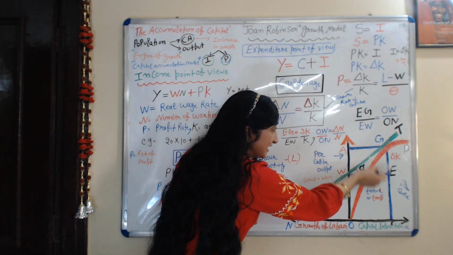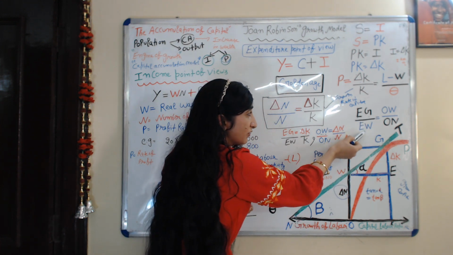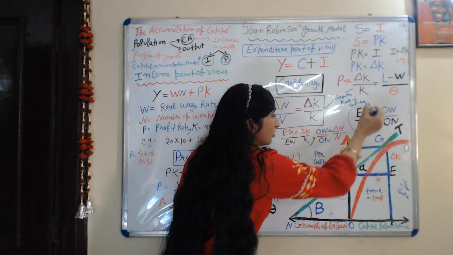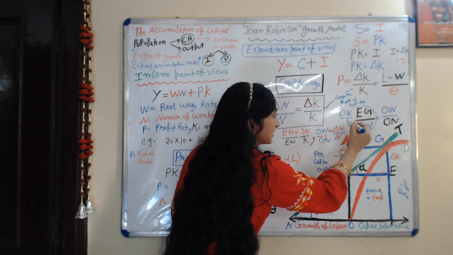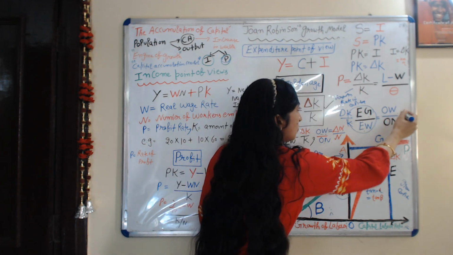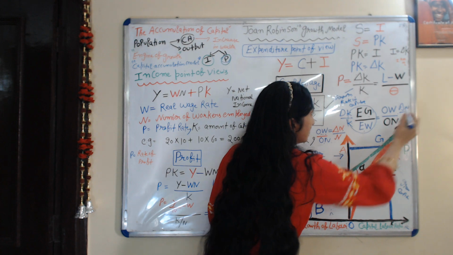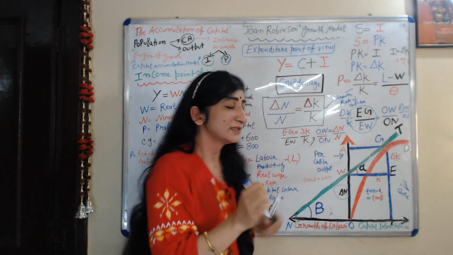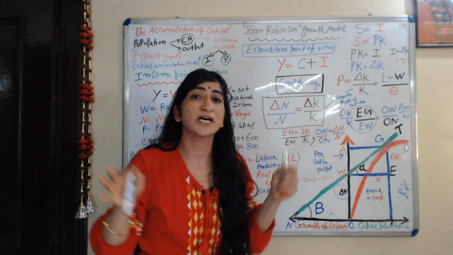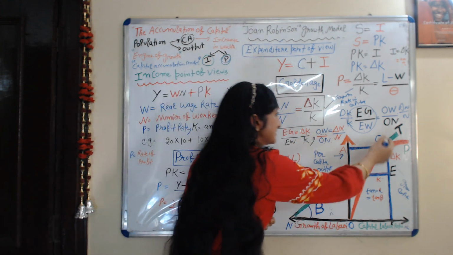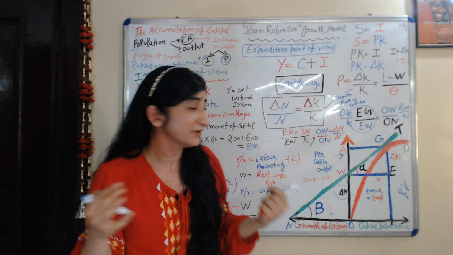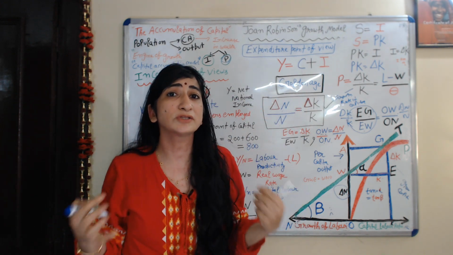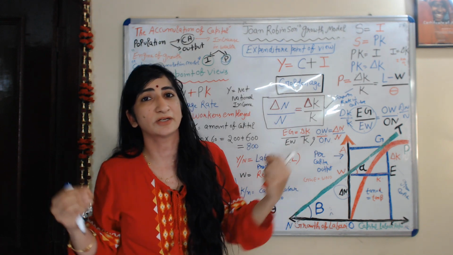EG over EW is the growth rate of capital, delta K over K, and OW over ON is delta N over N, the growth rate of labor. Both are equal to each other. That's why we say G is our golden age, where the growth rate of capital equals the growth rate of labor, or population.